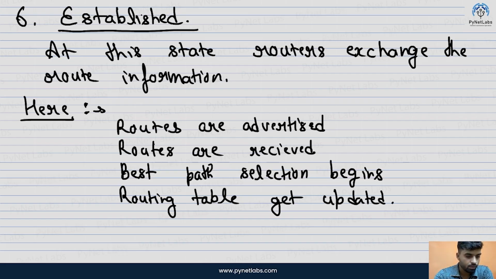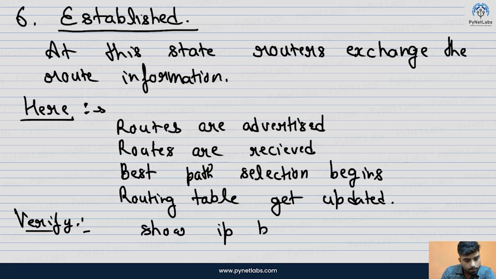Okay, now if you want to make sure whether your router has established the BGP session or not, you can verify it by using one command, and that command is show ip bgp summary. Once you use this command, your router will show you the states.